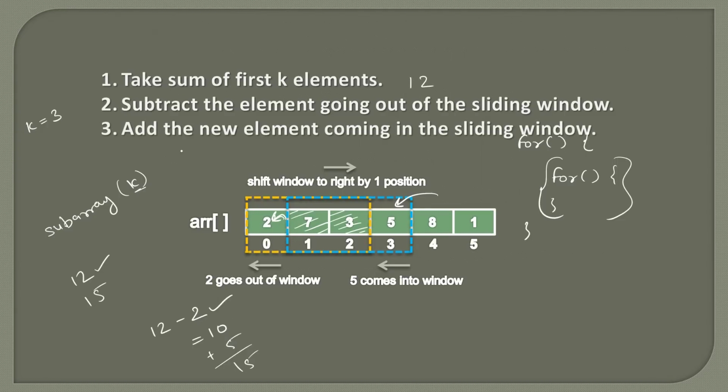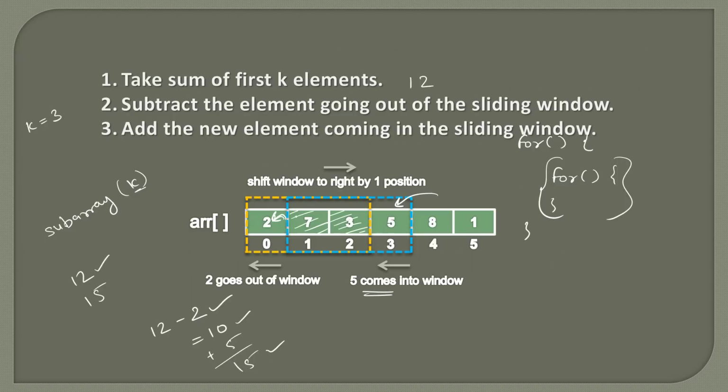And the third step is, as 5 is getting into the window, we simply add the new element coming in the sliding window. So we are simply adding 5, our new element, to 10 to get 15. So 7 plus 3 plus 5 gives 15, which is the sum of our next window, which starts from 1 to 3. Similarly, this window goes on like this.